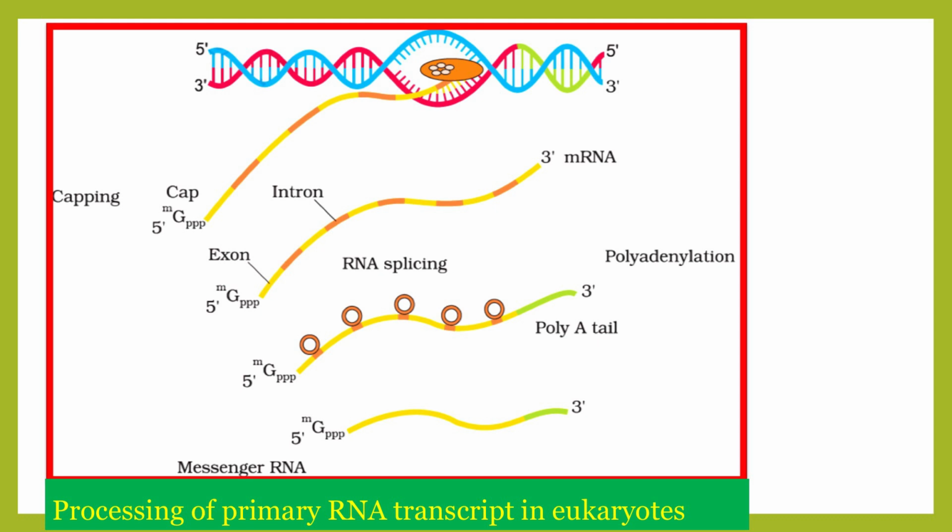As part of eukaryotic processing, there are 3 events. One is called capping. As you see, the first end to emerge of the RNA is the 5' end. This 5' end is capped by addition of a 5-methyl guanosine group.